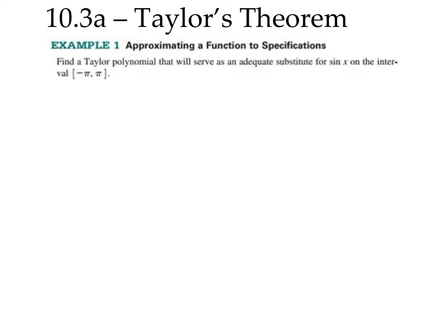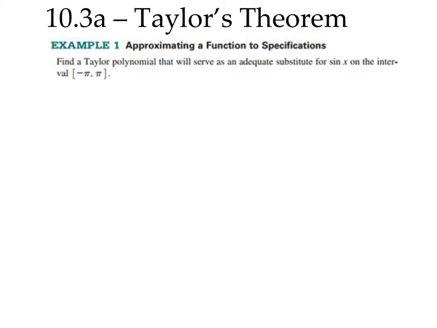We can cheat a little bit and not worry about the whole interval, because power series approximate the function they represent most accurately at their center, where they're always correct, and are less and less accurate as you move out on the interval of convergence. So we really just need to worry about how close sine of x is to the Taylor polynomial at negative pi and at pi.